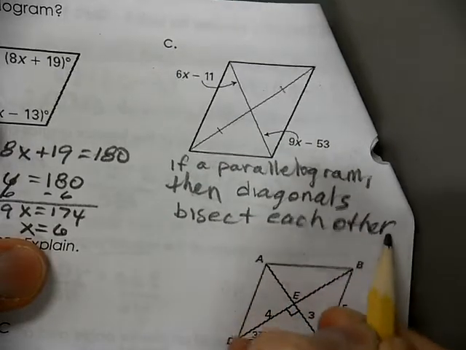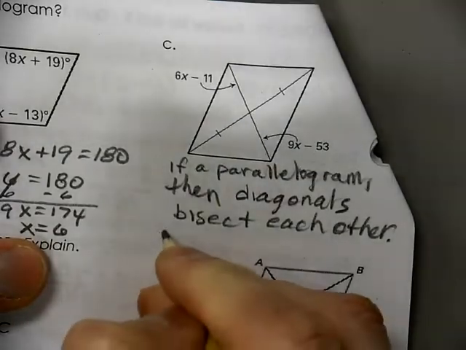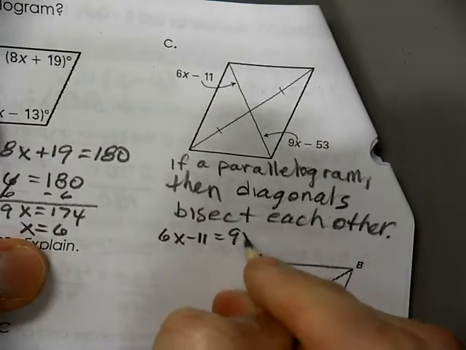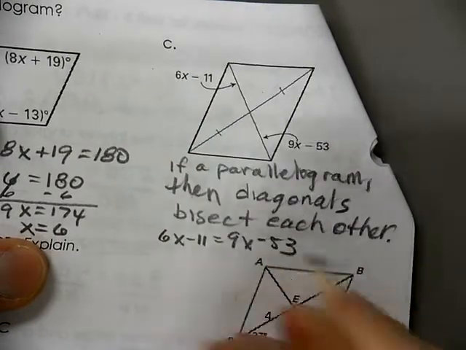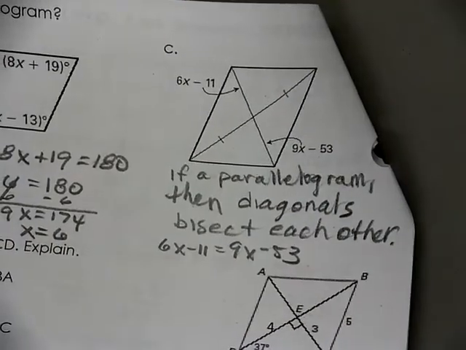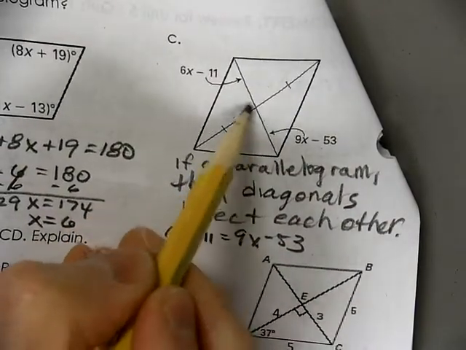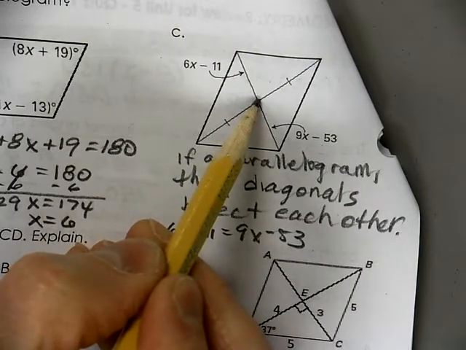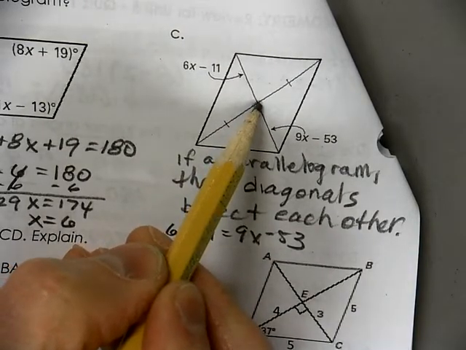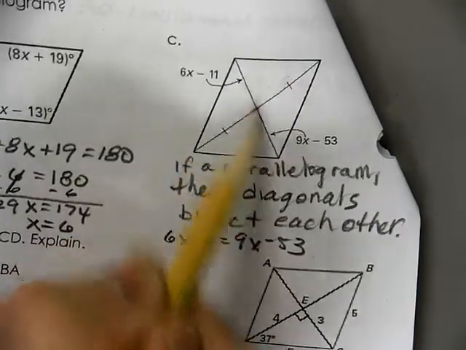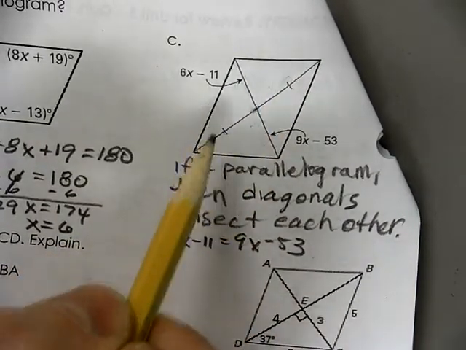Then diagonals bisect each other. So we know that 6x minus 11 has to equal 9x minus 53. It's not that diagonals are congruent, but they bisect each other. If this is a midpoint, for every parallelogram, where the diagonals cross it cuts both segments in half.